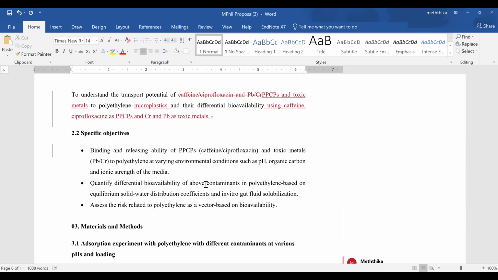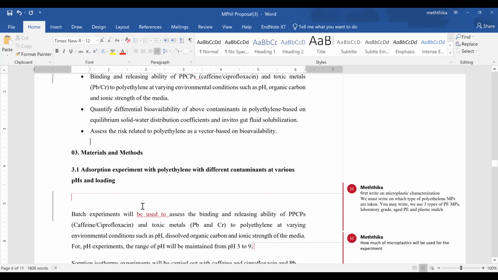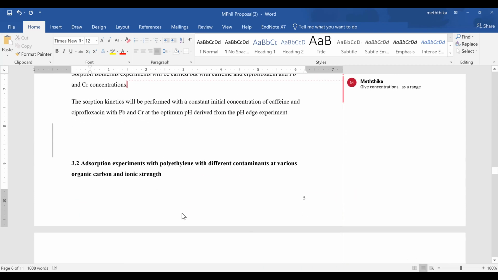If it is a research grant of 3 or more years, then 4 or 5 objectives would be possible, but not for a postgraduate degree. So here she has mentioned 3 objectives, and the materials and methodology has been written based on the 3 objectives, right?